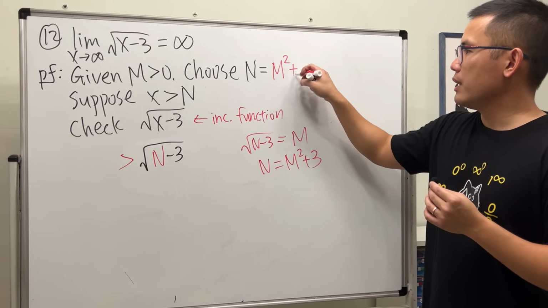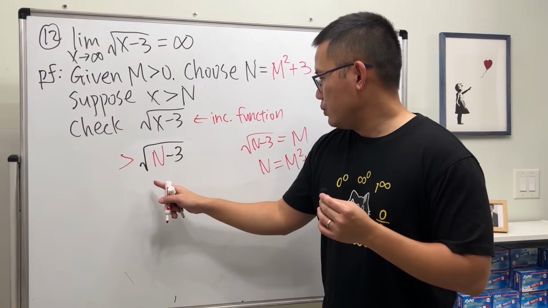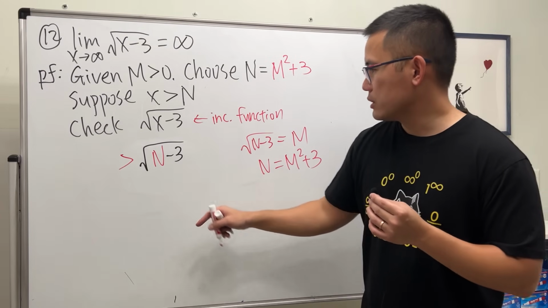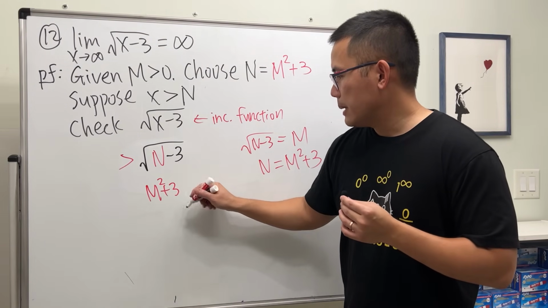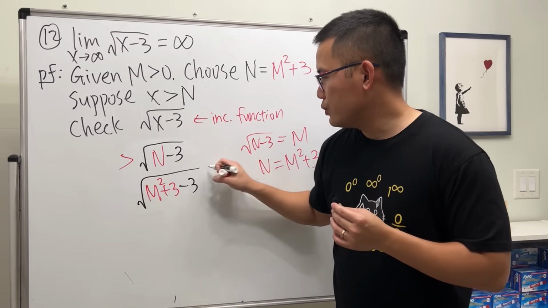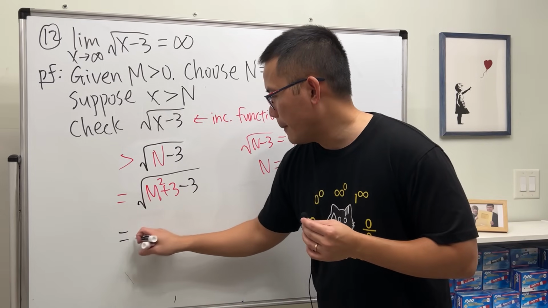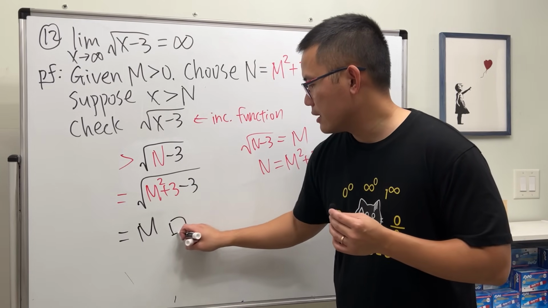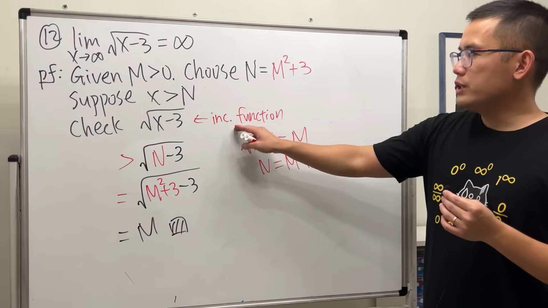M squared plus 3. Right? So right here we can just replace with M squared plus 3 minus 3 and the square root, and this is equal to, work that out, you get big M. Done. I think this is pretty clear.